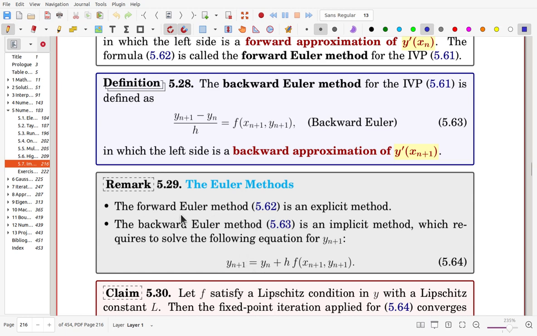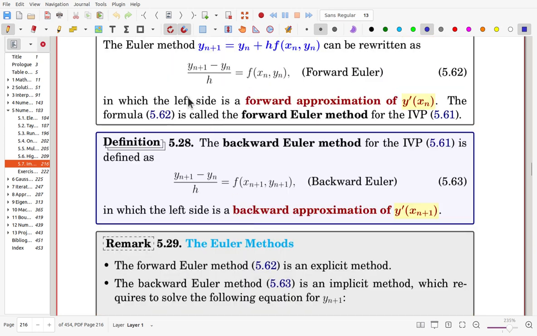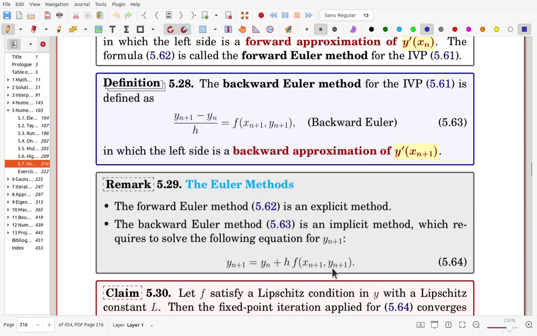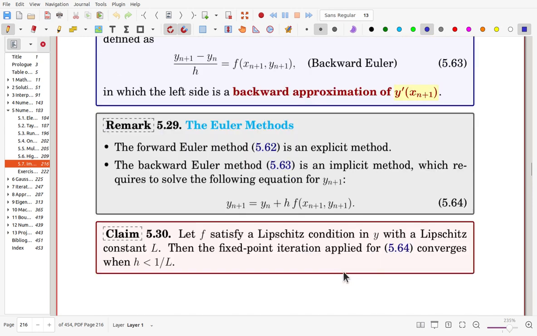The forward Euler method is an explicit method because we can get yn plus 1 directly by using known values. The backward Euler method is an implicit method, and we need to solve the equation. Now, yn plus 1 appears on the right-hand side too, so you have to solve the problem, for example, by using fixed point iteration.